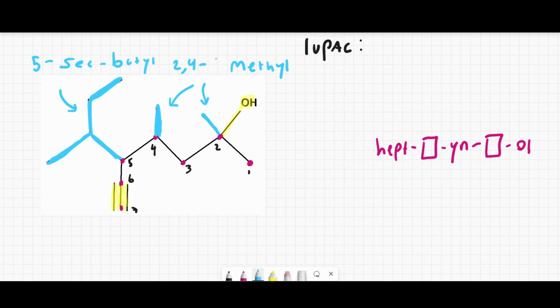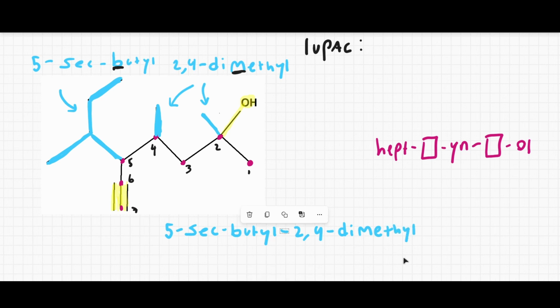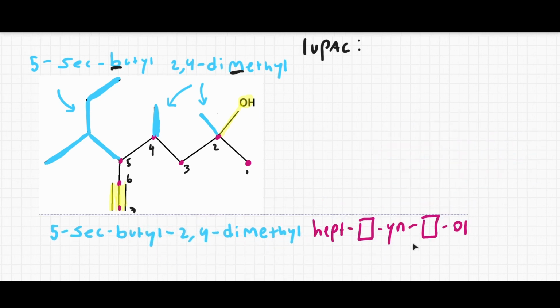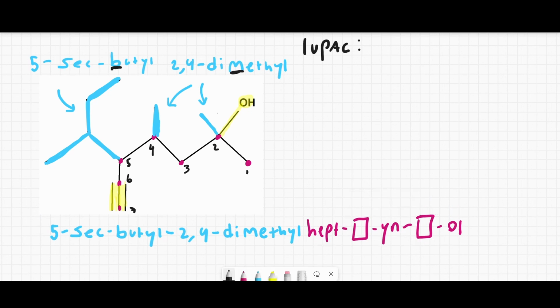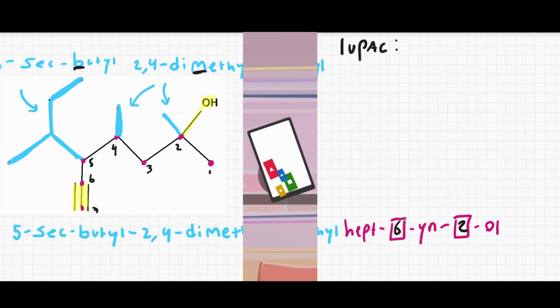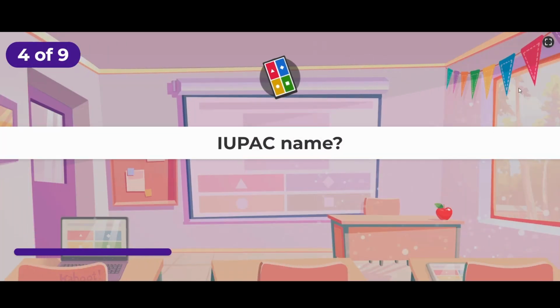So now to put those substituents together in the name, you can go alphabetically. So you've got M and B, giving you 5-sec-butyl, 2,4-dimethyl for your substituents. Now, of course, we can't forget to number our priorities. So on carbon 6, where the triple bond begins, that's what will go in front of the ine, and 2 for the alcohol. Question 4, asking for yet another IUPAC name.